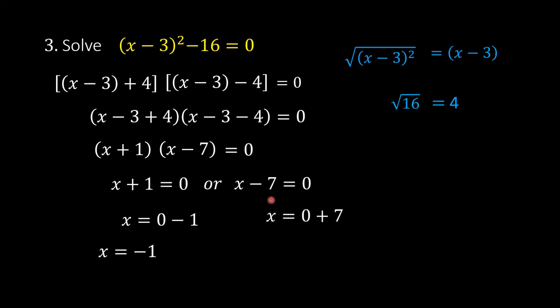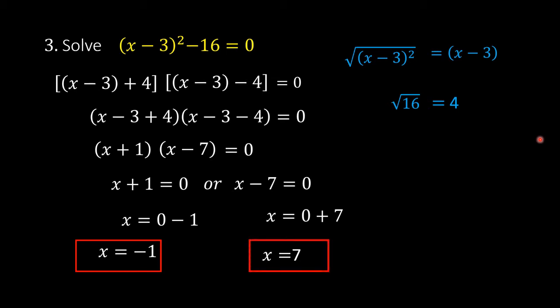And then here, transpose negative 7 to the other side. Negative 7 is now positive 7 on the other side. So we have 0 plus 7, and then x is equal to 7. So our answer is x is equal to negative 1 and x is equal to 7.